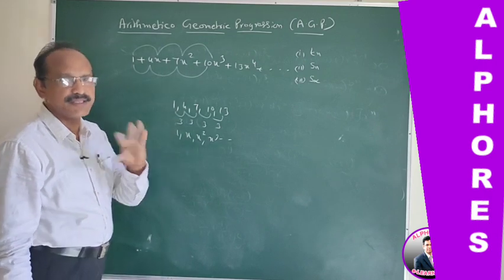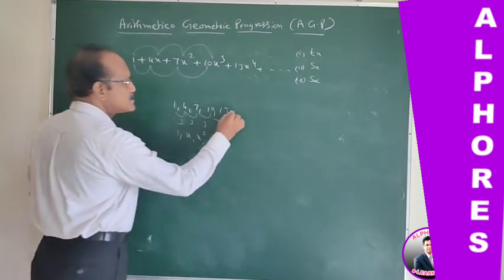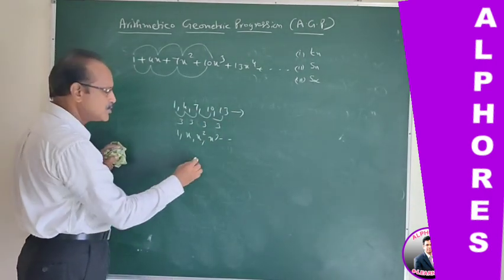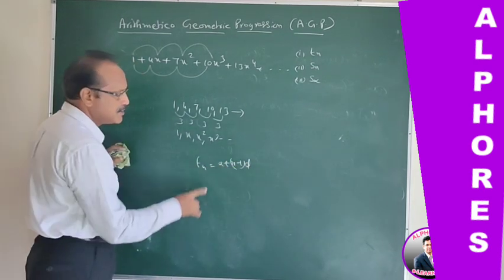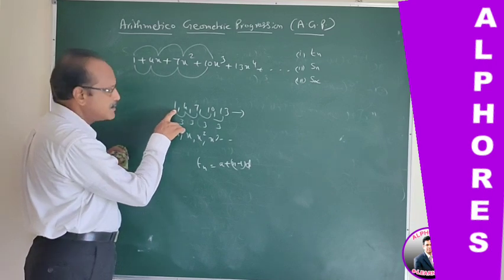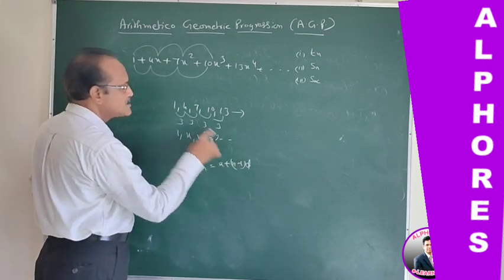First, coming to the nth term. We know the formula for the nth term of an AP is a plus n minus 1 into d, where a is the first term, n is the number of terms and d is the common difference.